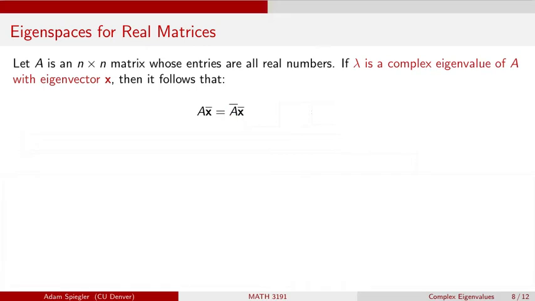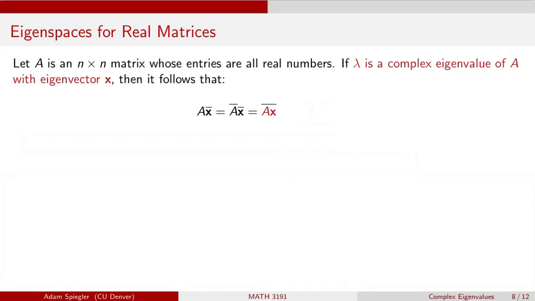And now we can use the fact that when we take a product of the conjugate of two things, it equals the conjugate of the product. So the conjugate of A times the conjugate of x is equal to the conjugate of A times x.